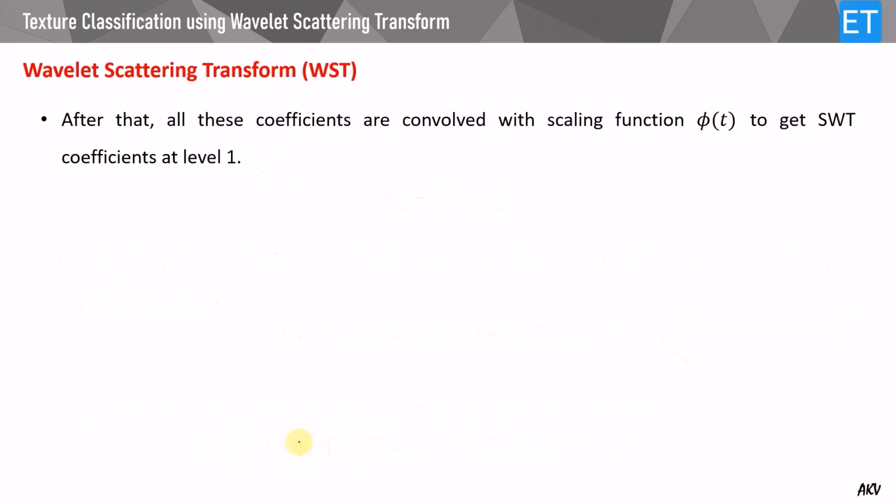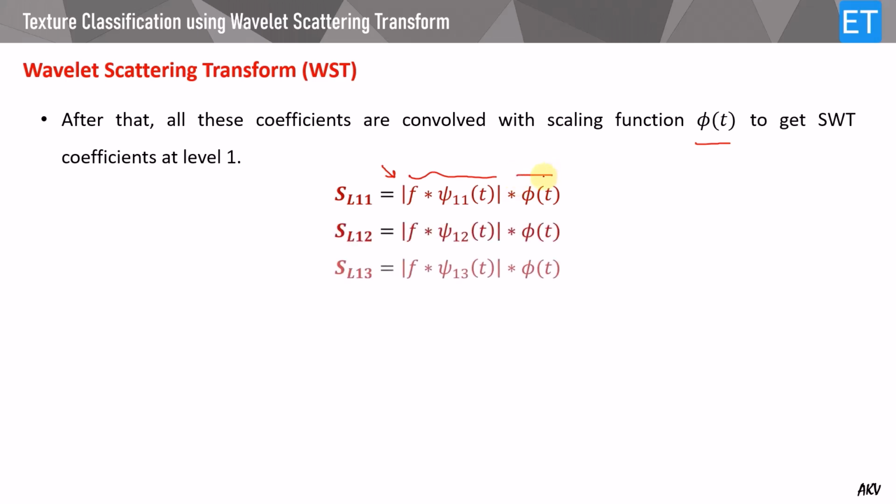After that, all these coefficients are convolved with a scaling function phi t to get the scattering coefficients at level 1. You can see these are the wavelet coefficients obtained with psi11. The mod operation is taken and then we find the convolution with the scaling function. This is done for all the wavelet coefficients obtained previously. That's why they are known as the scattering coefficients.